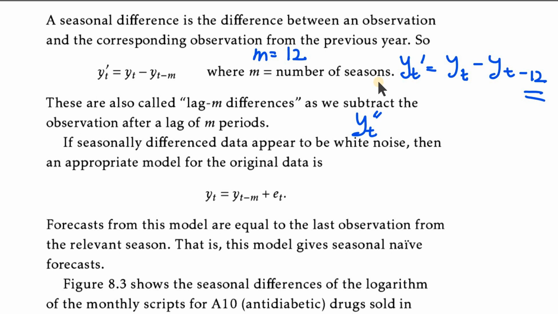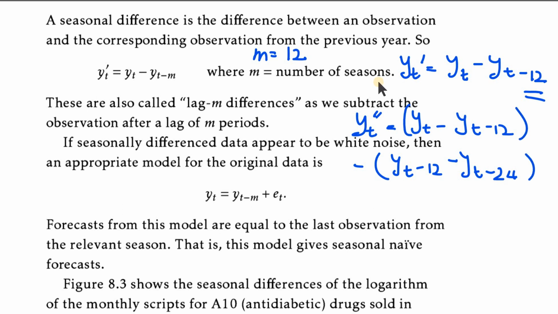Yt double prime equals, for the first term, Yt minus 12, and for the second term, Yt-12 minus Yt-24.